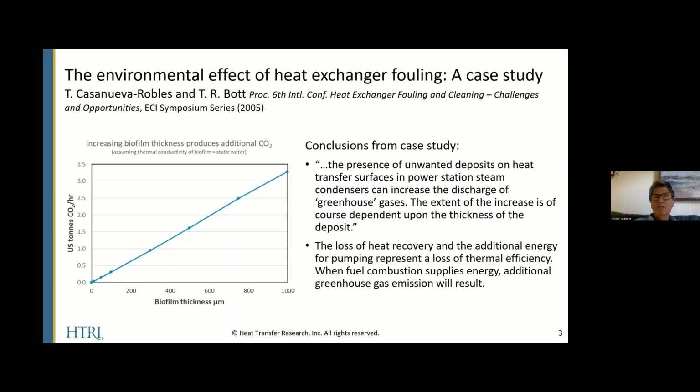There's an energy cost to compensate for this loss of heat transfer. Cooling water pumps will ratchet up, requiring increased energy to compensate for that lack of water flow. And all of this compounds the presentation of CO2 into the environment, and of course, the financial cost from excessive fuel burn.